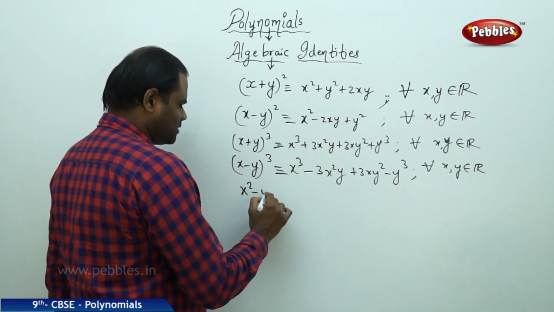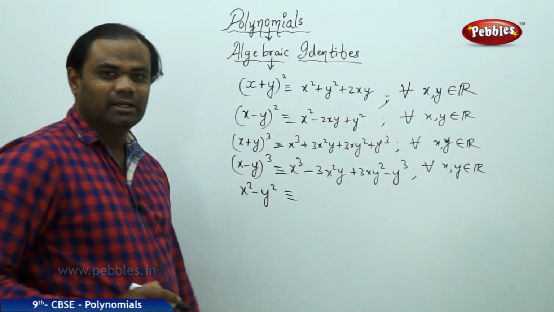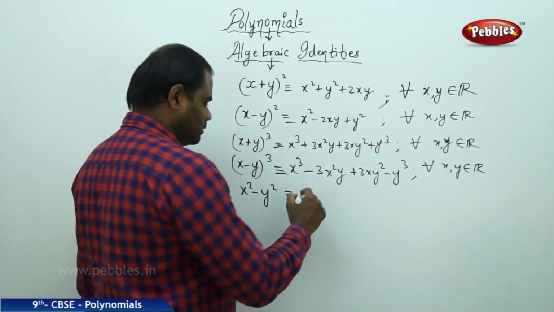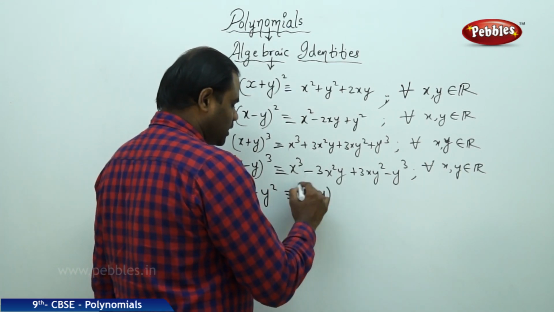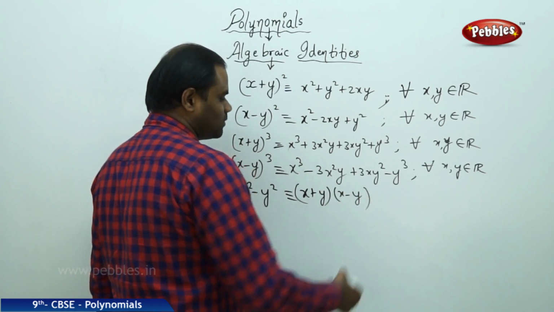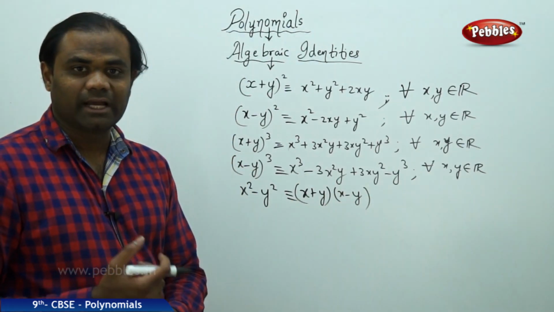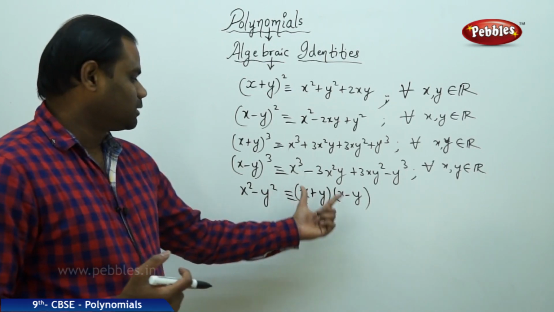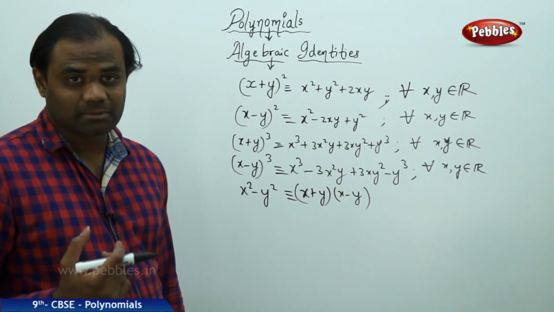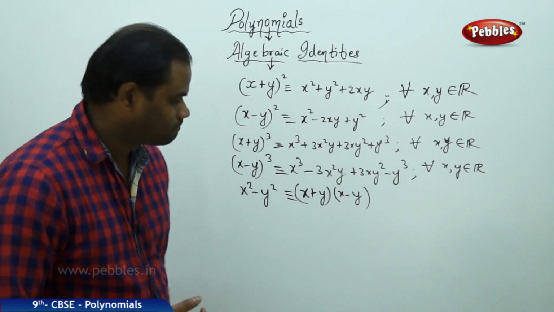Next, x square minus y square is said to be identically equal to x plus y into x minus y, is how I identify the identity x square minus y square equals x plus y into x minus y.